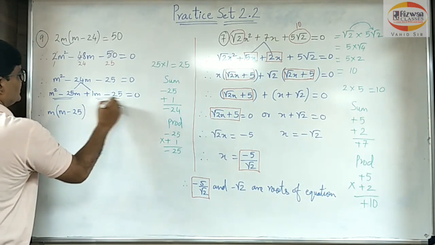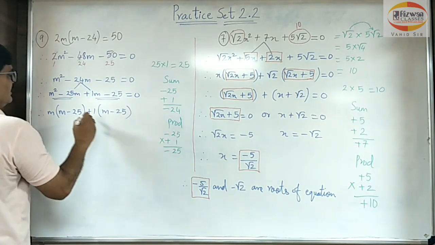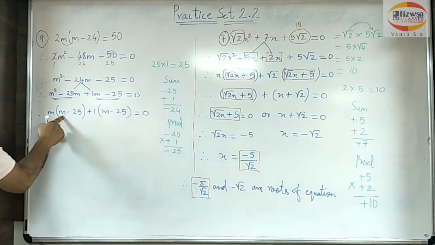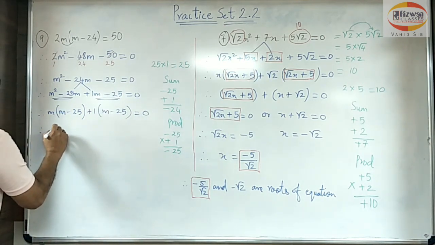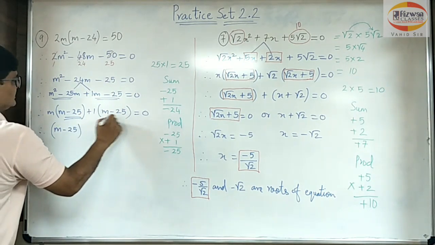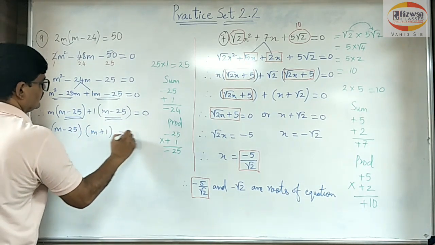And what is common from here is plus 1, times m minus 25. I am getting the same thing. 1 into m is 1m, 1 into 25 is 25. That is equal to 0. m into m is m square, m into 25 is 25m. Therefore, I will be getting m minus 25 as the common bracket. Can you see this? This is the common bracket. And the other bracket will be m plus 1 equals 0.